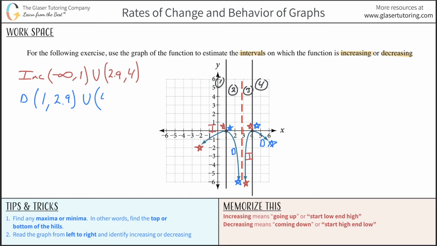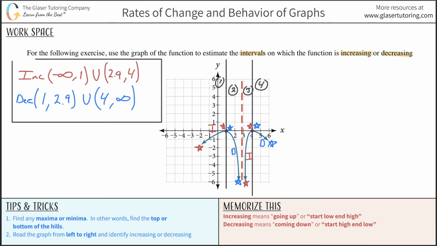So it appears that it's starting at about 4, and it's going on forever and ever, all the way to x is infinity. Obviously not inclusive. So these would be the increasing and decreasing values. I realize I just put a little d, but this stands for decreasing. All right. And these would then indeed be the answers.